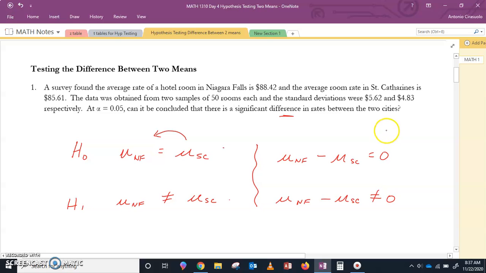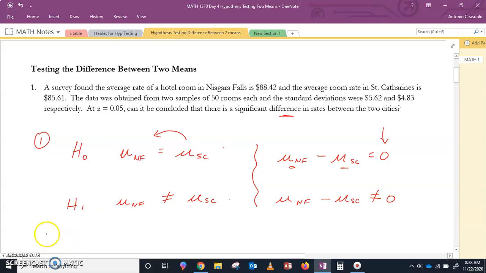And that's what I was indicating: is the difference significant or not significant? Does it actually equal 0? If it does equal 0, that would mean that the two values are equal. If it doesn't equal 0, it means that one is far enough from the other when you factor in the standard deviation and sample size. So here's our first step, our hypotheses.